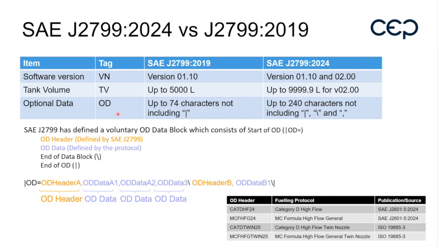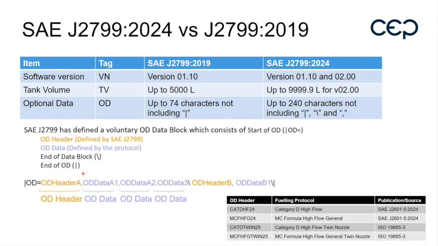So the optional data is always defined first by a header. Then you have a bunch of optional data tags, which are defined by this header. It can be 1 or 5, doesn't matter, 10. And each time you use the optional data for a different purpose, you can use a backslash and then start again with another header with more data.